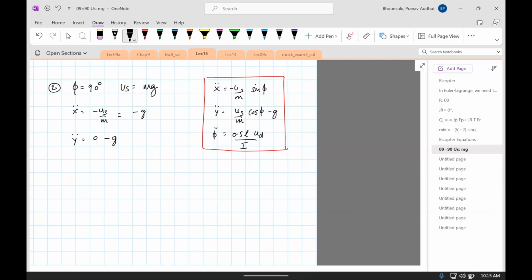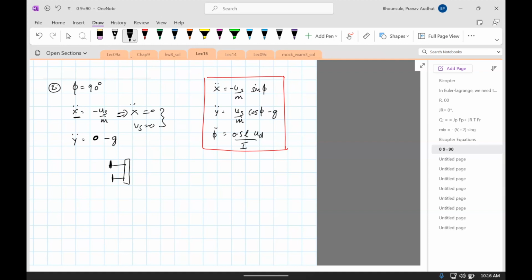So this quadcopter is going to be turned now, so it's this way. If you put Us equal to mg, then x double dot will not be equal to 0. But if you want to prevent it from accelerating in the x double dot direction, you set x double dot to 0, which means that Us should be 0. So this condition ensures that it's not moving in the x direction. But look at y double dot.